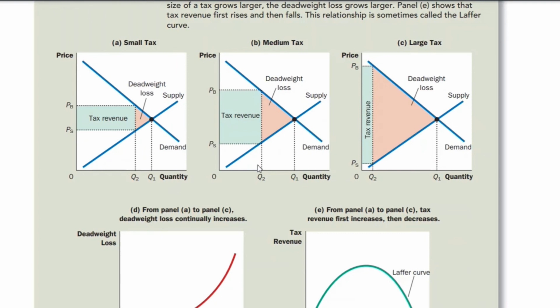When we impose a medium tax, the tax revenue is also medium. However, it is important to note that when we impose a large tax, the tax revenue is very small. That is because the size of the market is shrinking too much. That is, the quantity sold or the quantity demanded falls way too much.